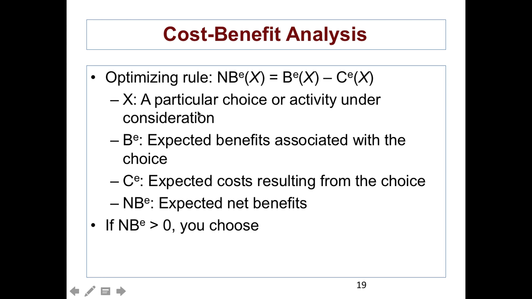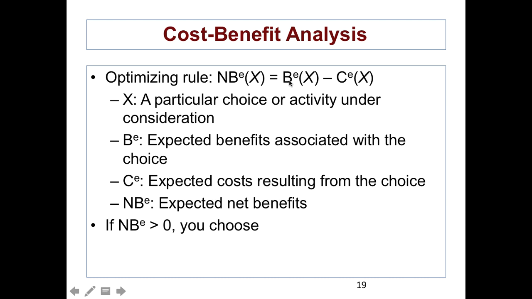We call that expected benefit and expected cost because we don't have the full information about all the costs and benefits. We only have limited information about implementing a specific project.